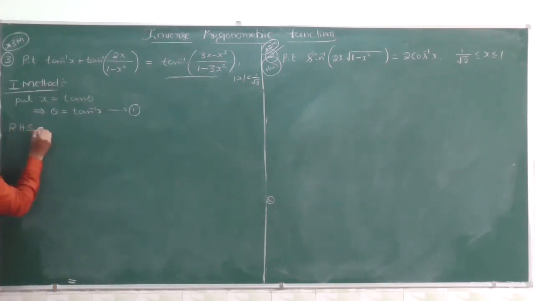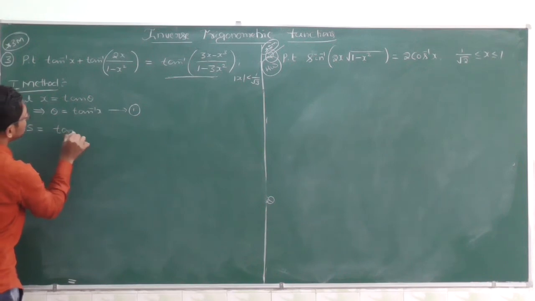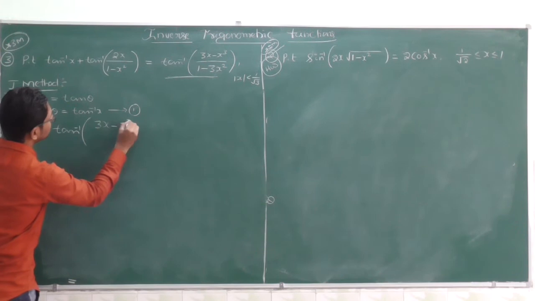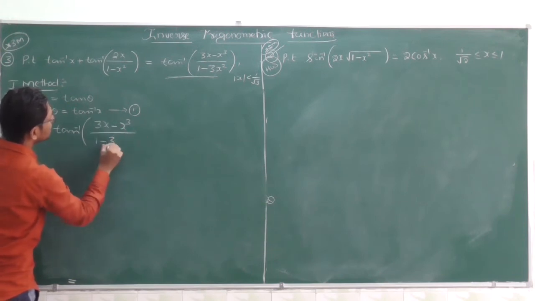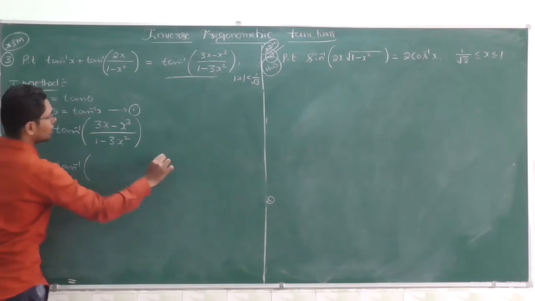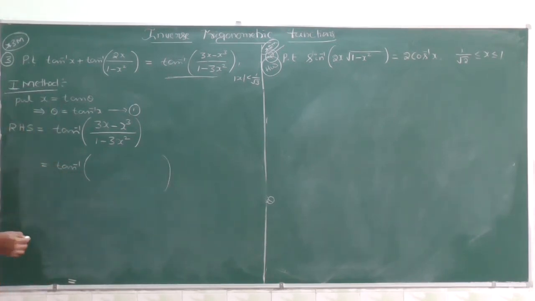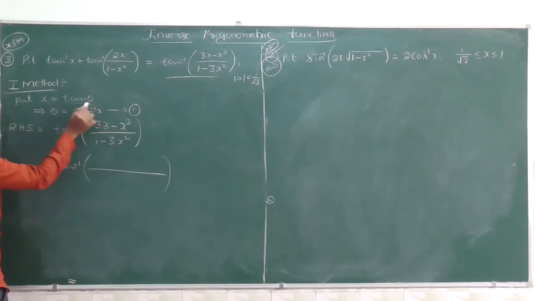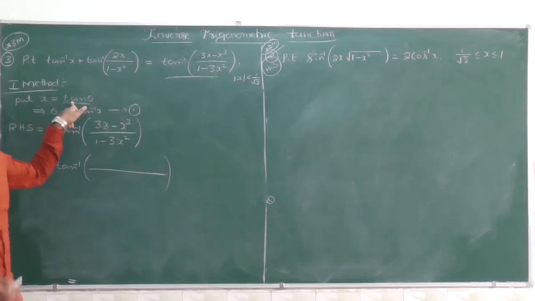Take the RHS. RHS equals tan inverse of 3x minus x cube divided by 1 minus 3x square. That equals tan inverse of, you just replace x with tan theta wherever x is there.